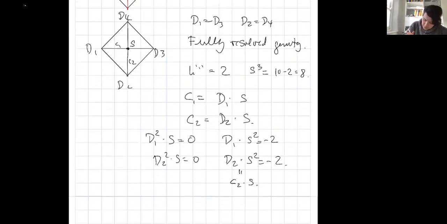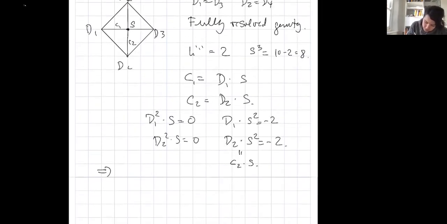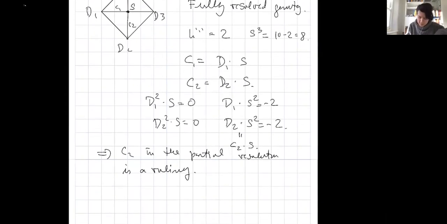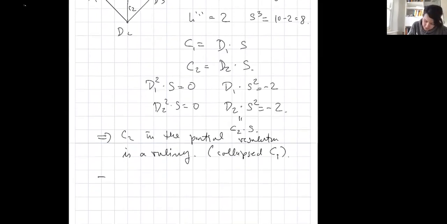So the curve C2 in the partial resolution is a ruling, and then we collapsed C1. And so we get here, in fact, from the intersection numbers of S cubed and so on, an SU2 or an A1 singularity.